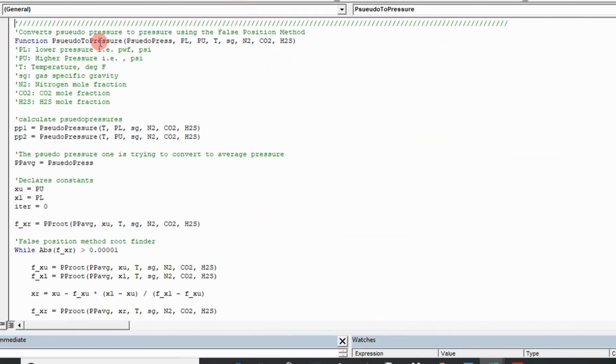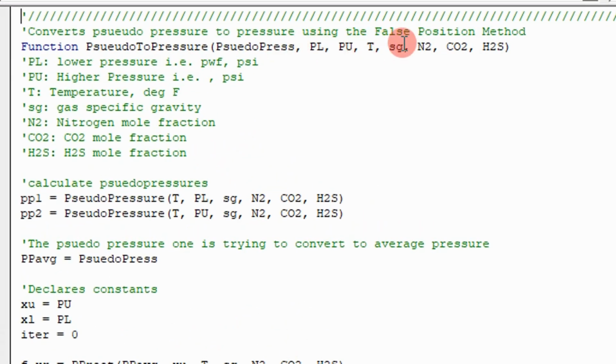It's called pseudo to pressure, and it converts our pseudo pressure to a pressure using the false position method, as I stated earlier. I'm not going to go into too much detail, but the arguments are your pseudo pressure, and then a lower bound pressure in psi, an upper bound pressure in psi, temperature in degrees Fahrenheit, gas specific gravity, and impurities.